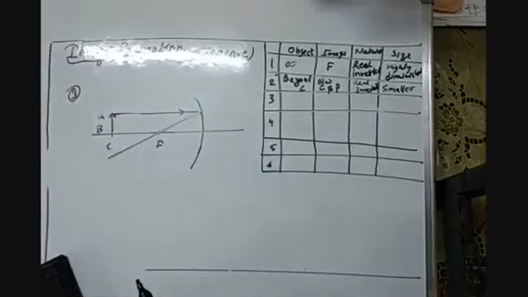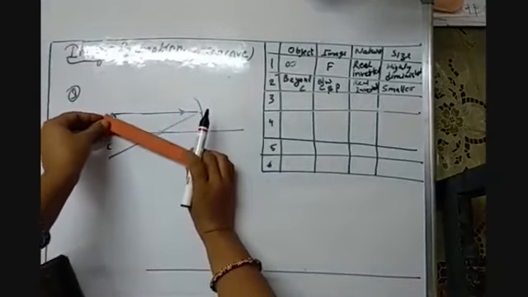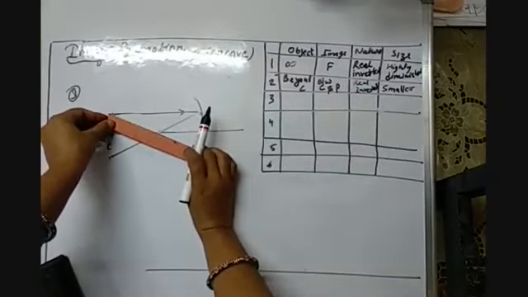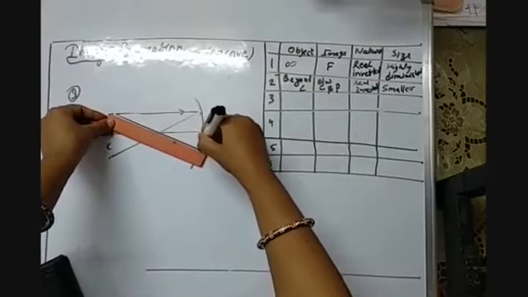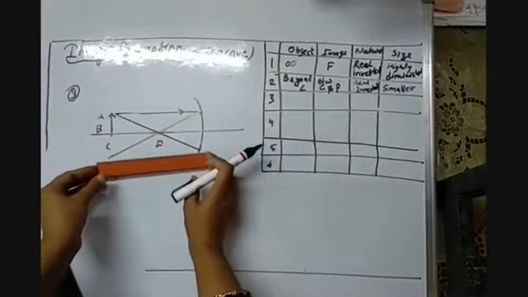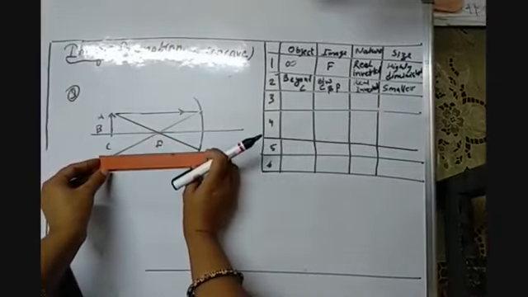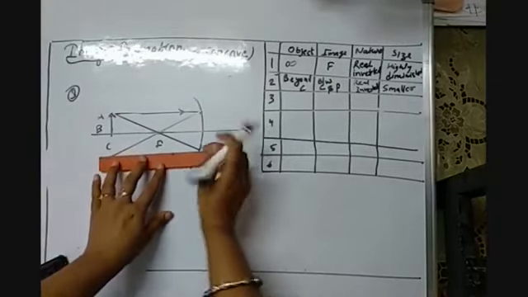And the second rule that we can choose is that a light ray coming through the focus will reflect back parallel to the principal axis.